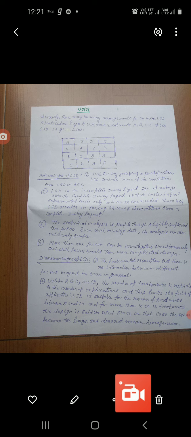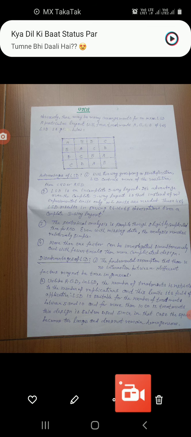Now the fourth point is that more than one factor can be investigated simultaneously, and with fewer trials than more complicated designs.